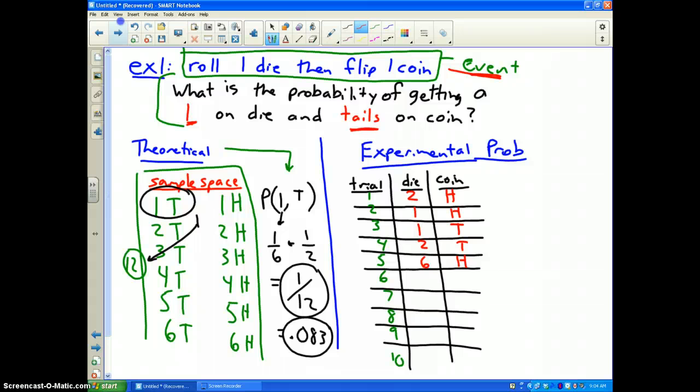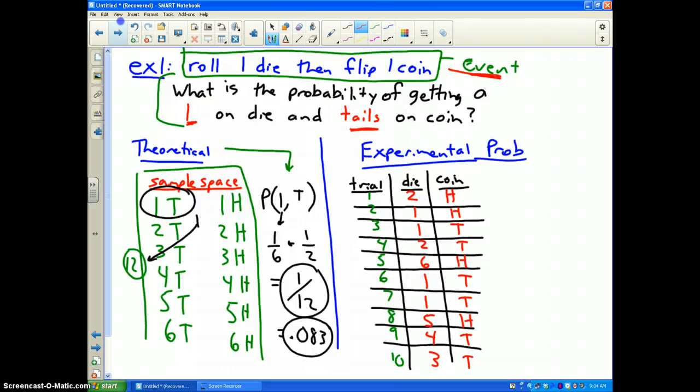Trial number 6, hey, all right, I did it again. 1 and T. Trial number 7, yes, I did it again. I got 1 on the die, tails on the coin. Trial number 8, I got 5 on the die and heads on the coin. Trial number 9, I got 4 on the die and tails on the coin. And the last trial, I got 3 and tails.